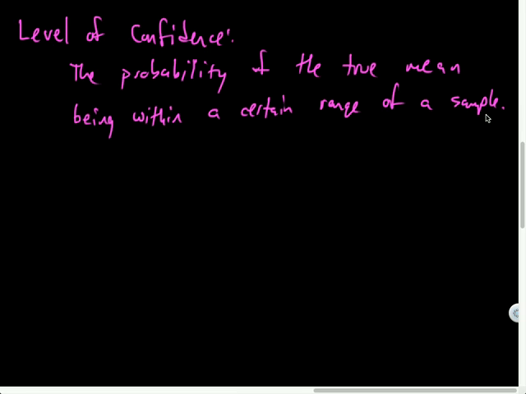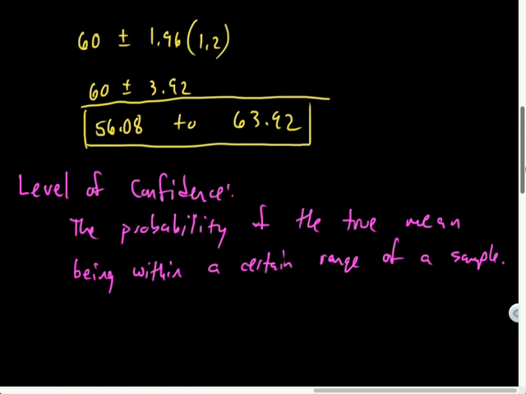So it's kind of what we were describing, right? I was 95% sure in the previous problem that the true mean was between those values.